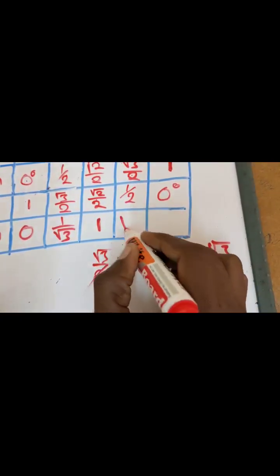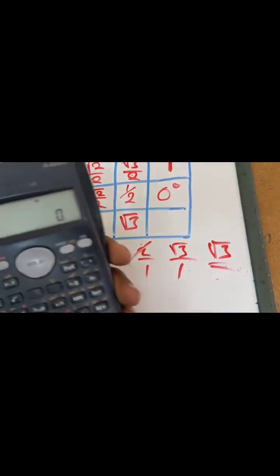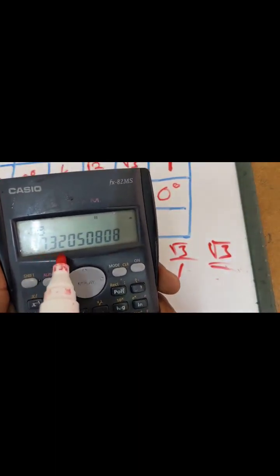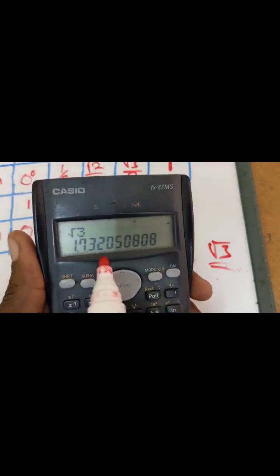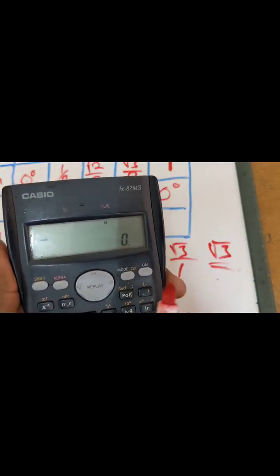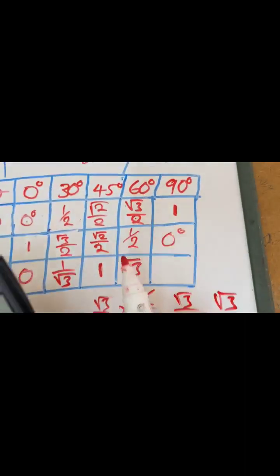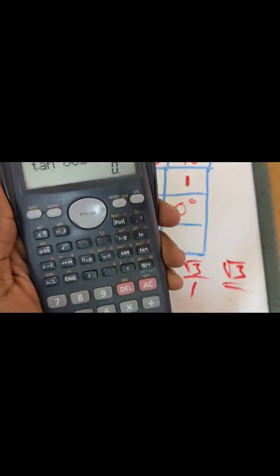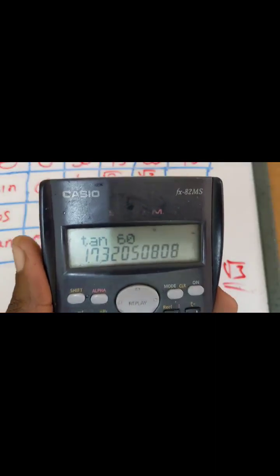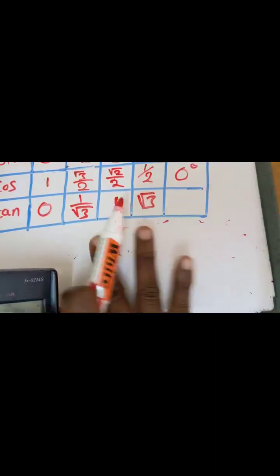Let's find root of 3 on a calculator. It is 1.732. We're trying to find tan 60, and tan 60 there is 1.7320. As simple as that.